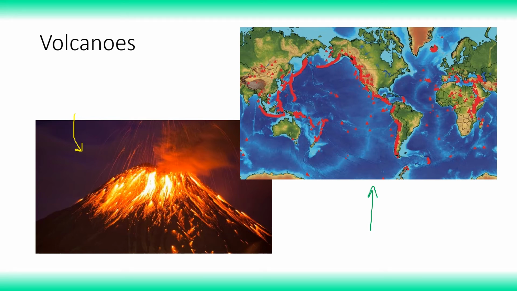And it's interesting because if you ever look at a map of the plates, the big continental pieces that make up the crust of the planet, the edges of those plates follow really closely with these volcanic chains.